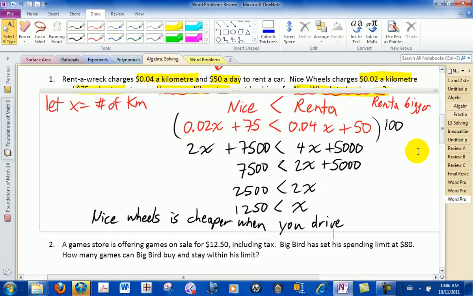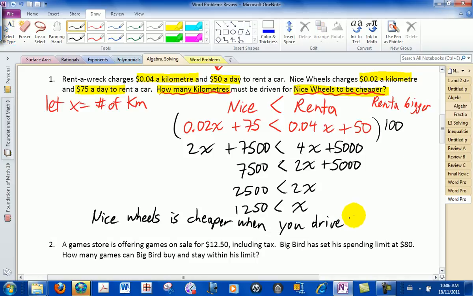Okay, so when you drive more than 1250, we don't want to give a specific number like 1251 or 1252 because there's a whole bunch of possibilities. But to cover all the answers for the English, you would say when you drive more than 1250 kilometers.